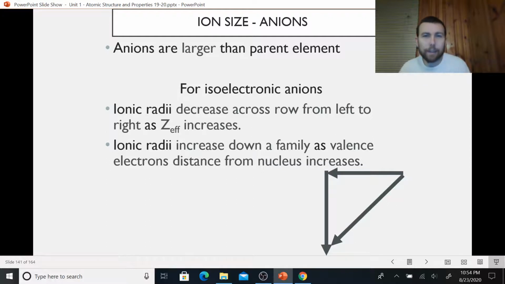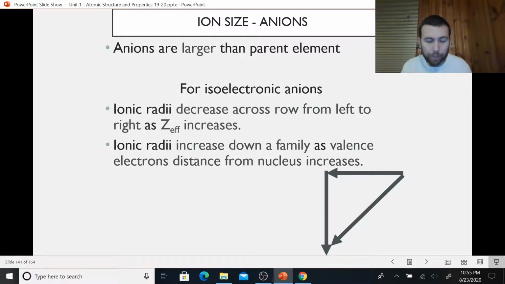Now, your anions are your negatively charged ions. These are ions that have gained electrons in order to satisfy their octet. Anions are going to be larger than their parent atom, and I want you to think about why that's true.